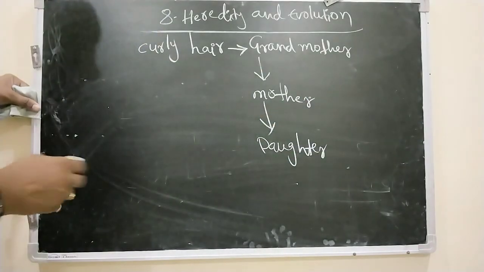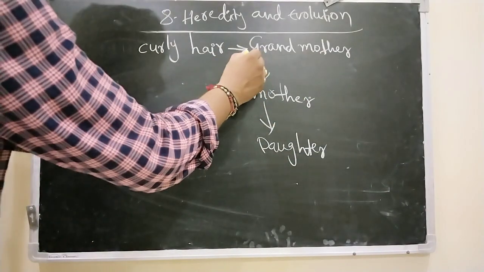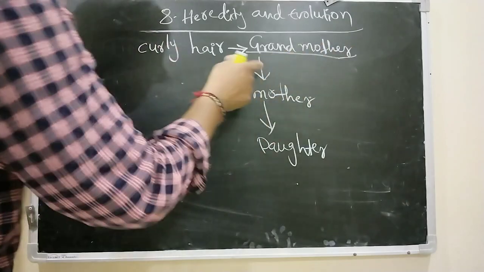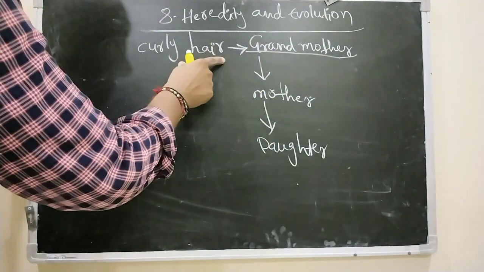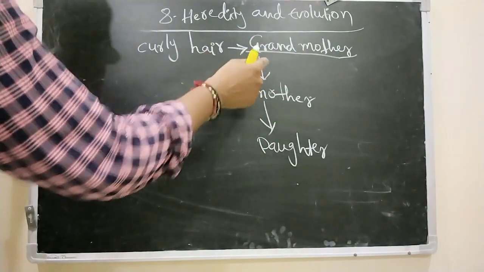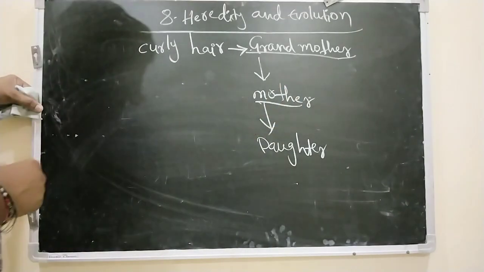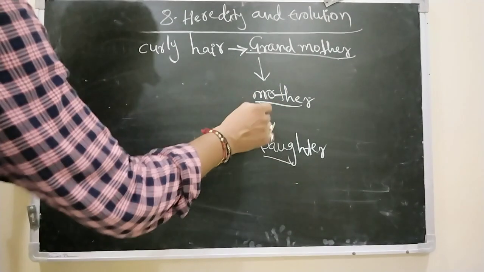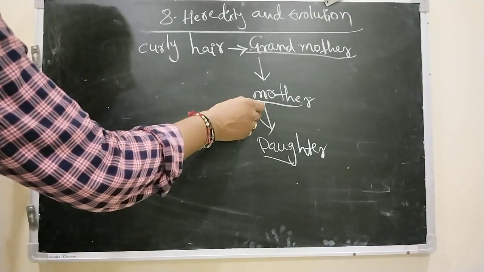So here we can say the grandmother has the curly hair character, so her daughter will get the character, and her daughter will get the character because she also got the curly hair character from her mother.